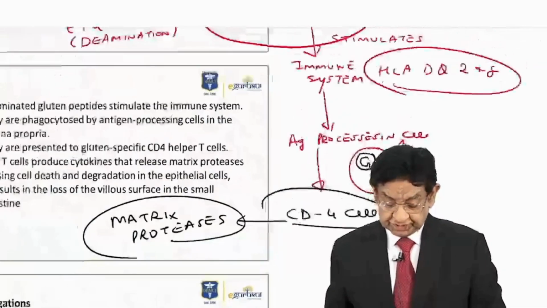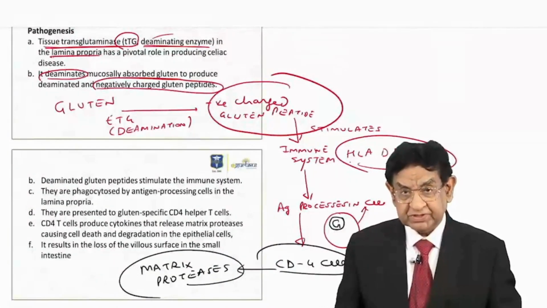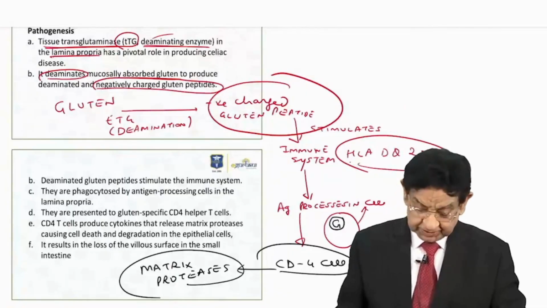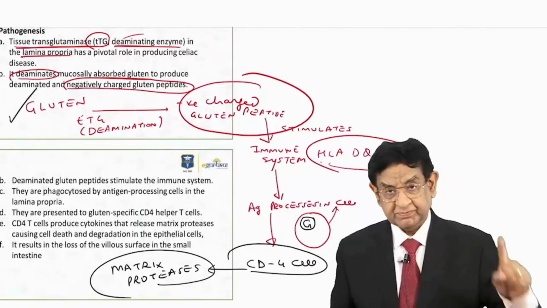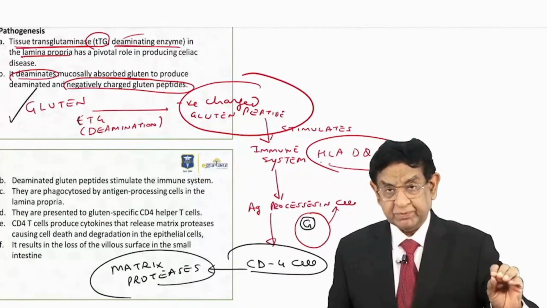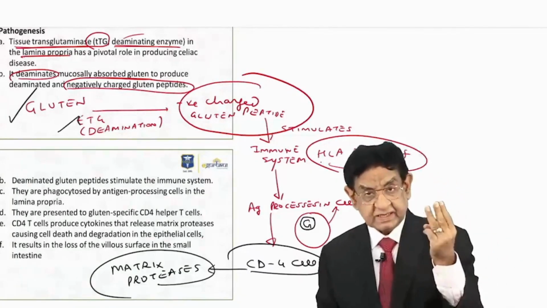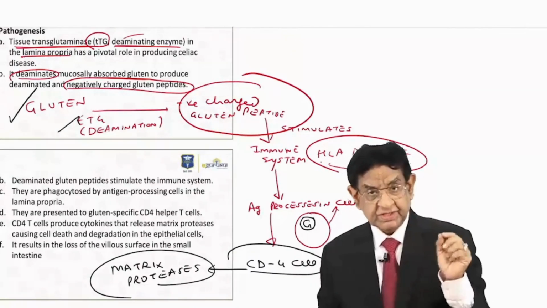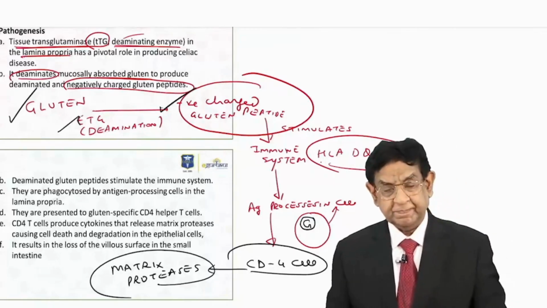So friends, if I have to give you the beautiful immunology part of the story, how the immune process works: we have gluten, first point. We have TTG in the lamina propria, point 2. And this TTG converts gluten into negative charge gluten peptide.